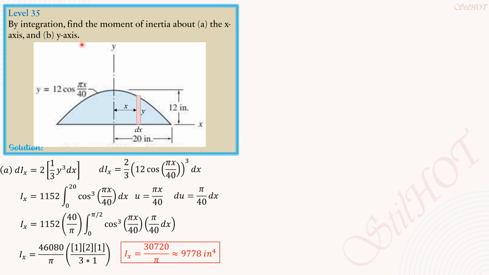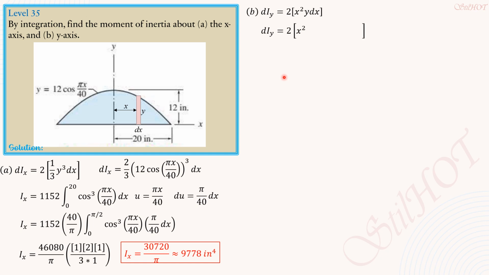And with respect to the y-axis, it is differential Iy equals 2 times x squared times differential area, where differential area is y dx. So differential Iy is 2 times x squared times y dx. Then the variable of integration is again x, so we replace y by 12 cosine of pi x over 40.